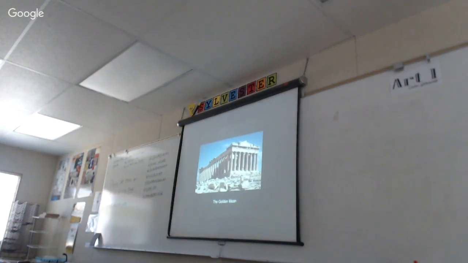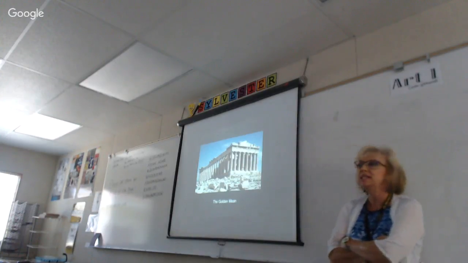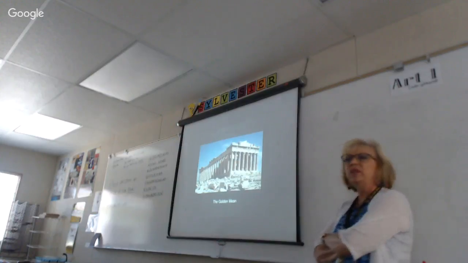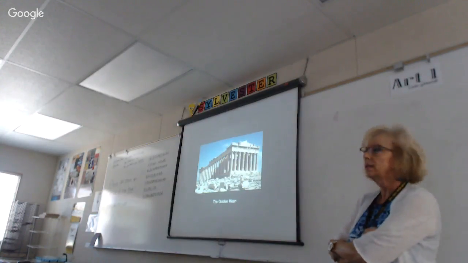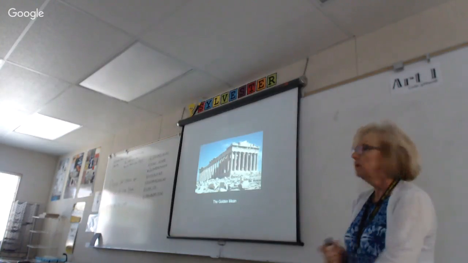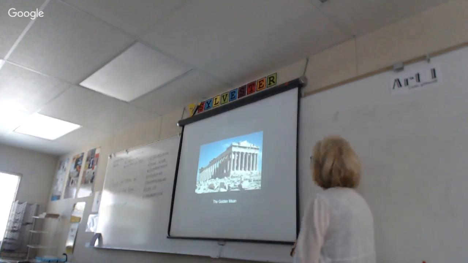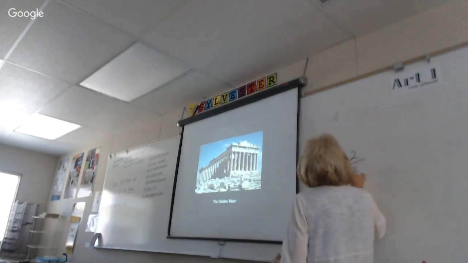Now we come to something that's really important that you really understand: the golden mean. It's still used today. Have any of you taken photography and understand the rule of thirds? You've kind of heard of it. So basically it is roughly a ratio of 2 to 3.